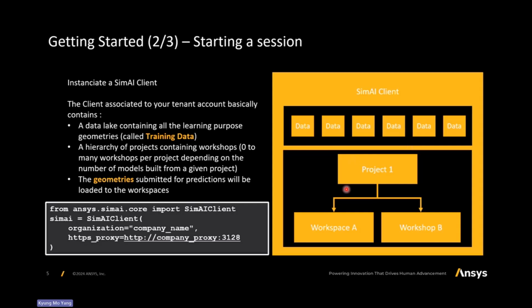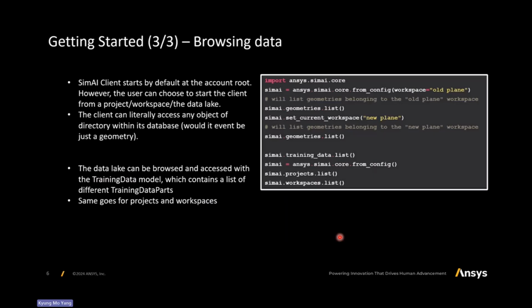Then you will have a hierarchy of different projects, and for each project you will have different workspaces, each workspace possessing one specific trained, ready model, so that you can input any geometry for your predictions. Once you do that, you will be able to browse and explore the different lists of objects that you possess inside your client.